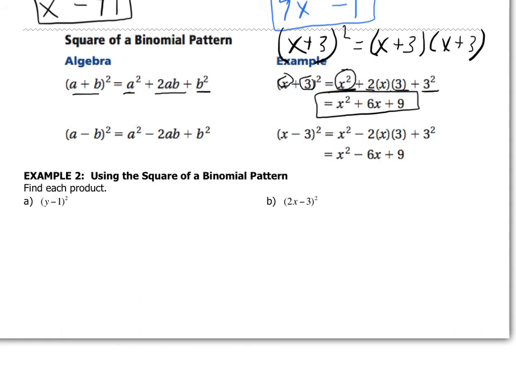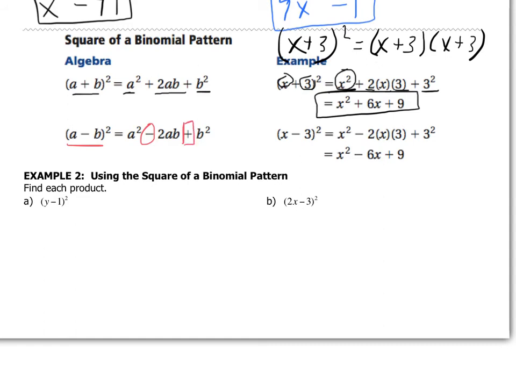Now if I have the square of the binomial pattern with a subtraction sign, as we do down here on this next example, we have a minus b squared. This time nothing's really different except that the middle term is going to be minus. Notice though how at the end here this is still plus b squared.